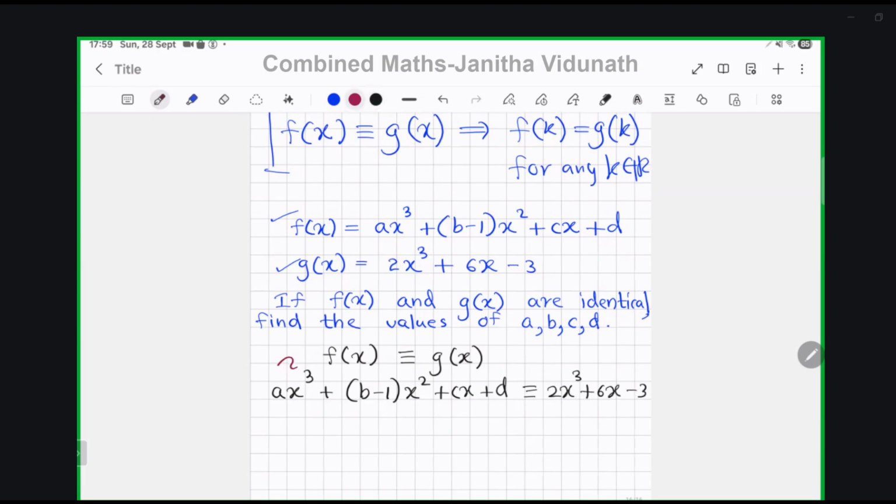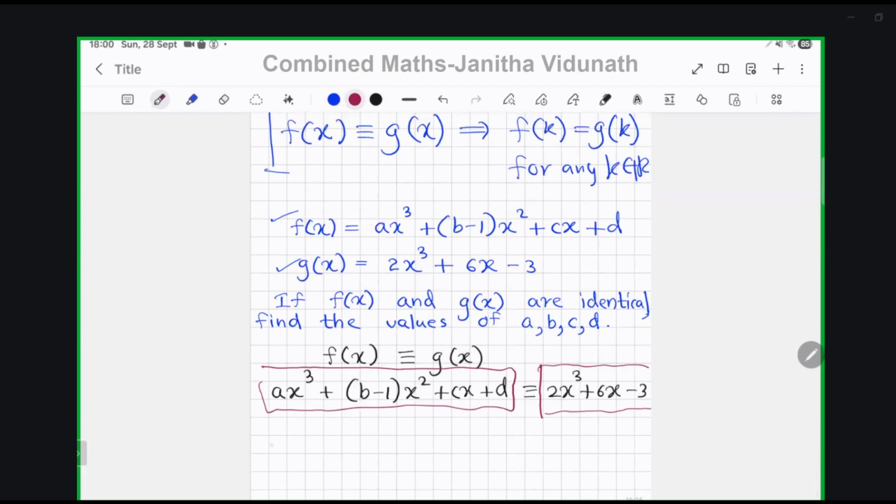This is one side of the identity, and this is the other side. If these are identical, simply we can say corresponding coefficients need to be equal.